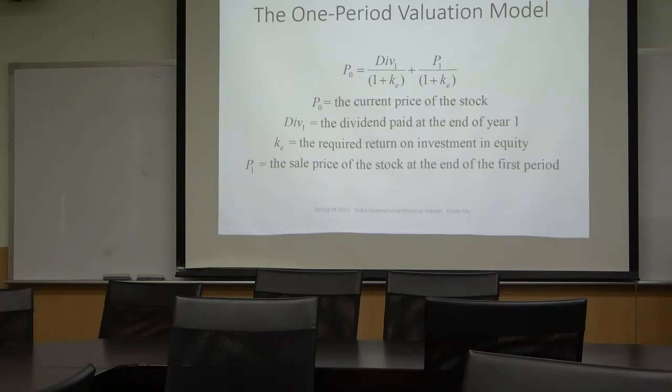So we just discount the dividend and the sale price of the stock at the end of year 1 by the rate KE, the required return on investment in equity. That's the 1 period valuation model.